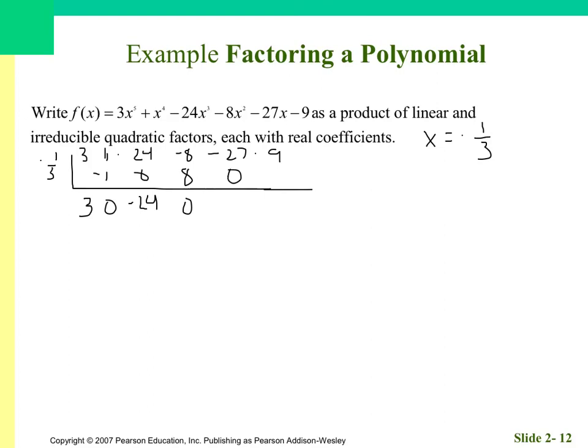Then 0, negative 27, 9, you get 0. So this would be 3x to the 4th minus 24x squared minus 27.